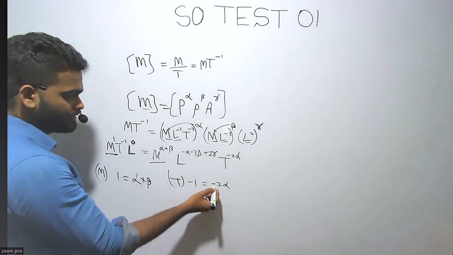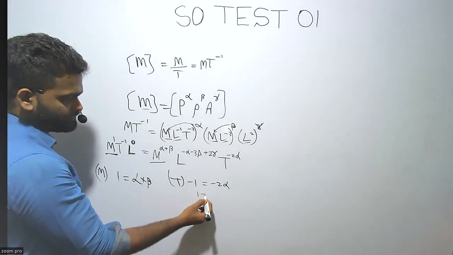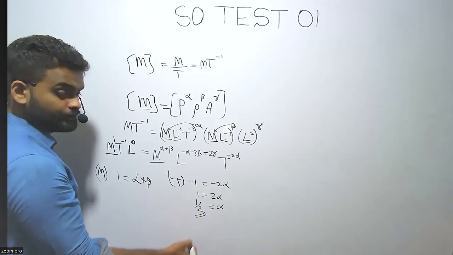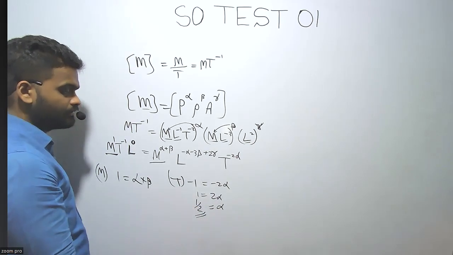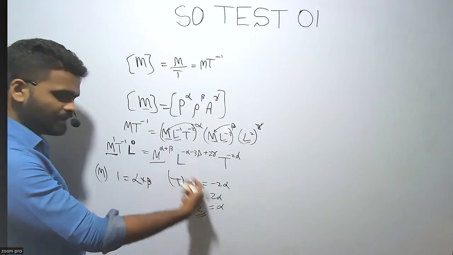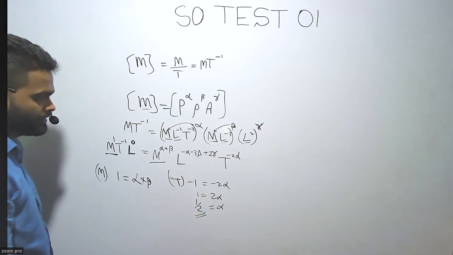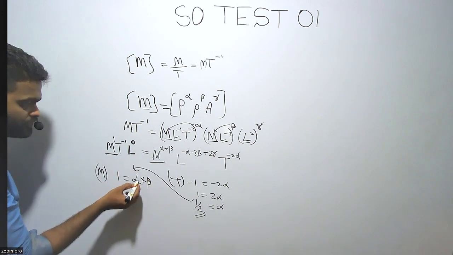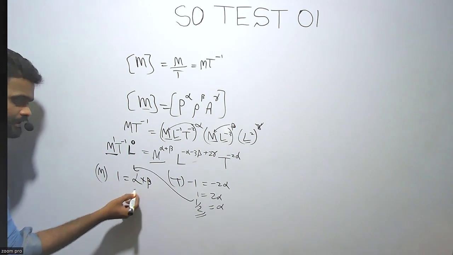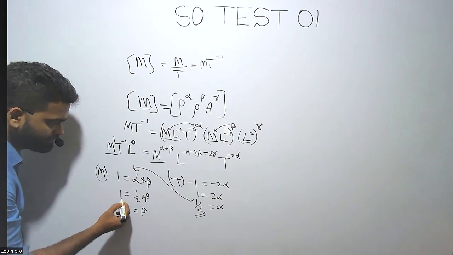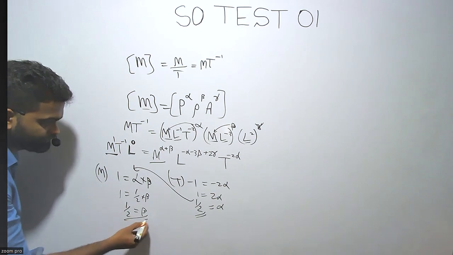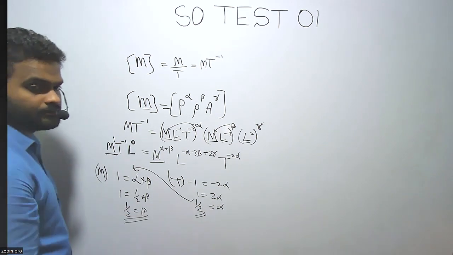Minus minus becomes plus. Then alpha is half. So if you know alpha, you can substitute it here and find beta. Beta is 1 minus half, that is half. So beta is half, alpha is half.